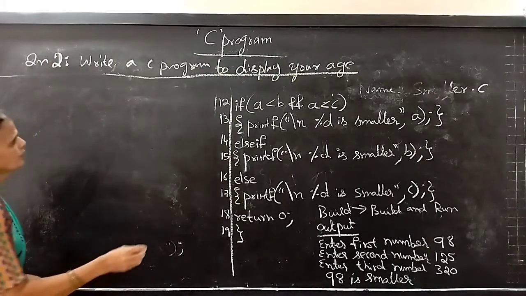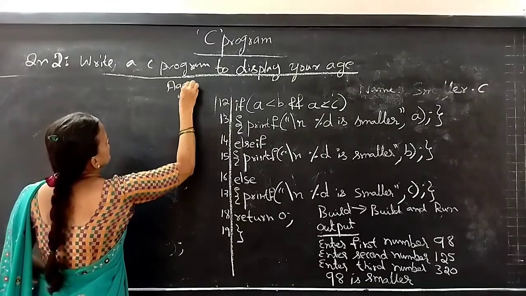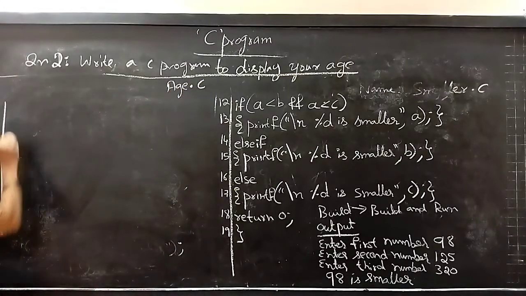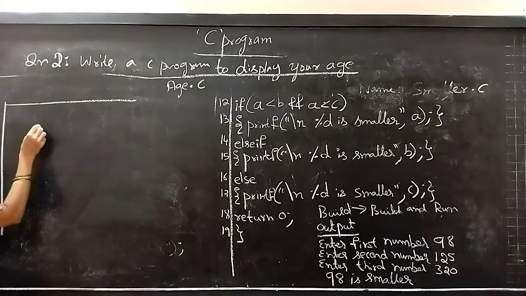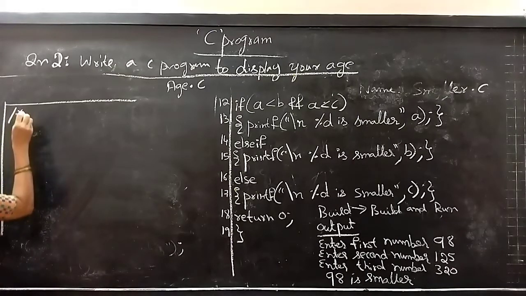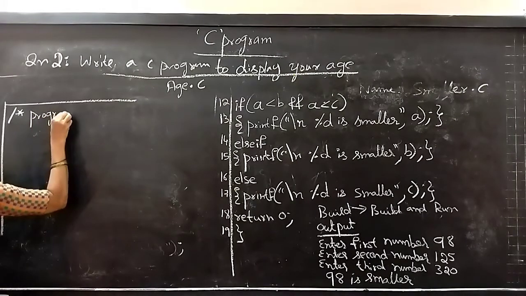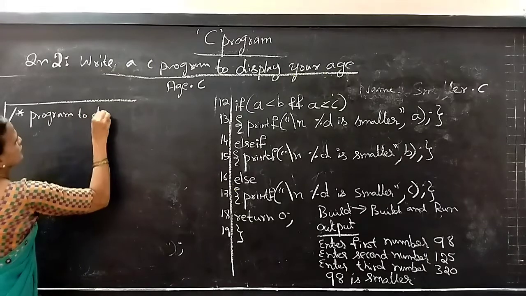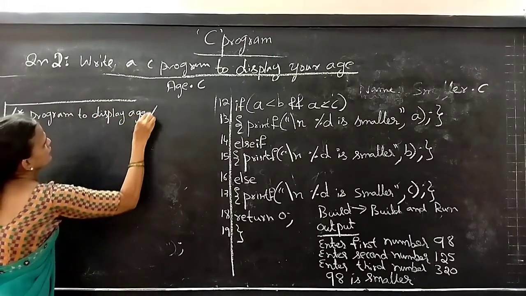And we will give the file name as age.c. After writing this file name, you have to start writing, and first write a comment entry. So we will write a comment entry as a program to display the age. Display age. Enough, this much.